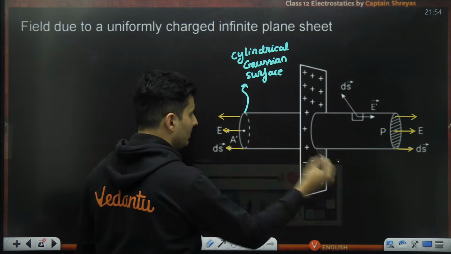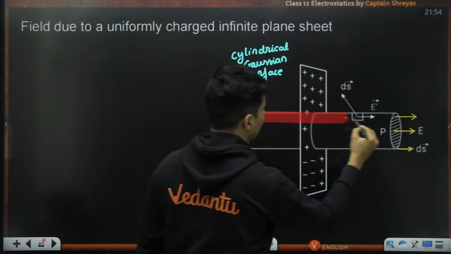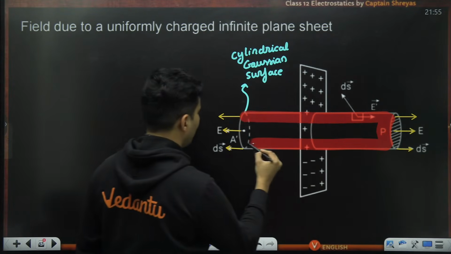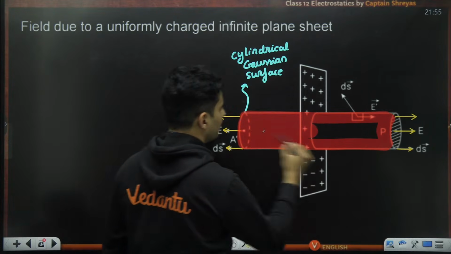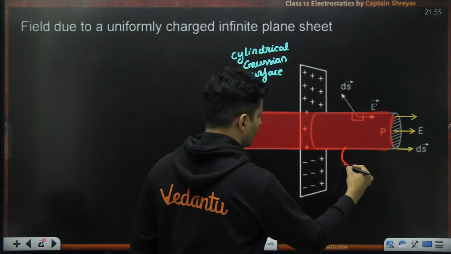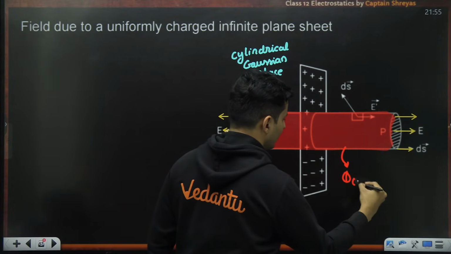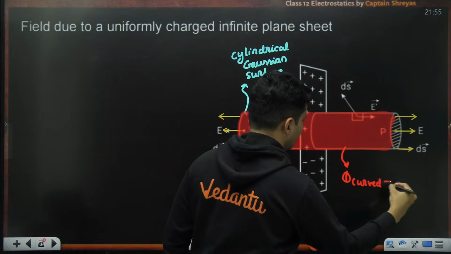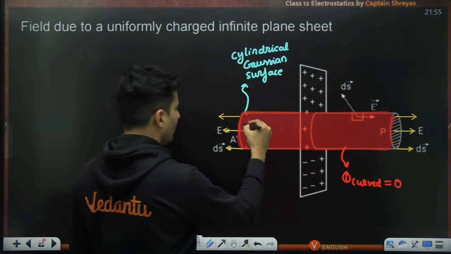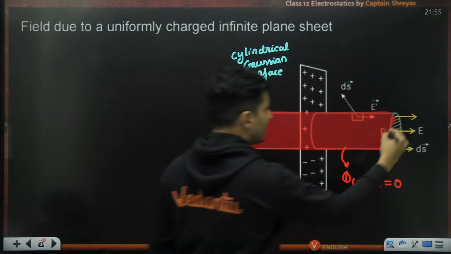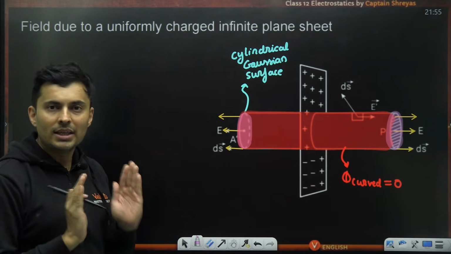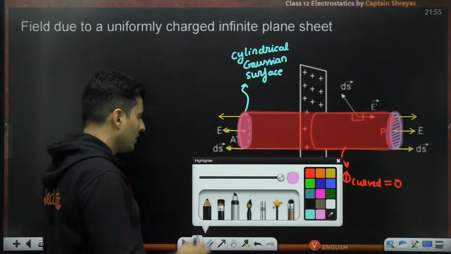Visualize this. None of the curved surface will be affected by it because it will be parallel. So the good thing is the flux through the curved surface will be zero. There is only flux through this circular face and this circular face. That's it. Only these two faces have flux. Okay.